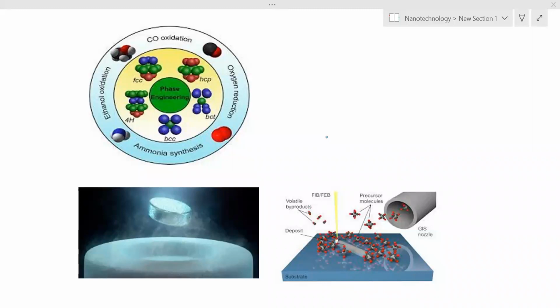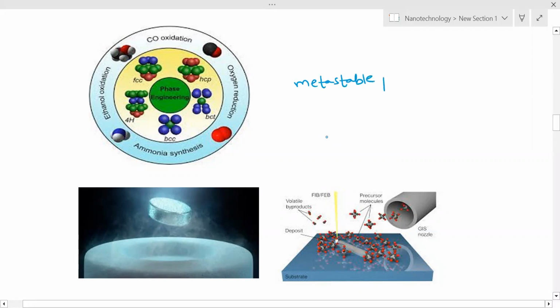So nanotechnology enables us to design materials with metastable phases. So these materials can be designed using nanostructures which have non-conventional properties like superconductivity and magnetism.